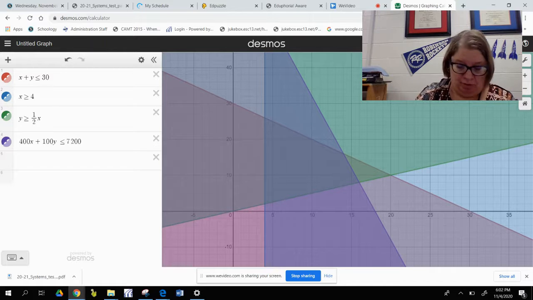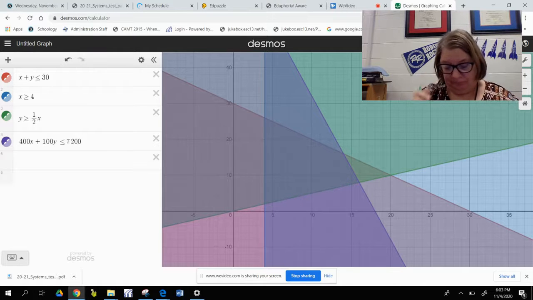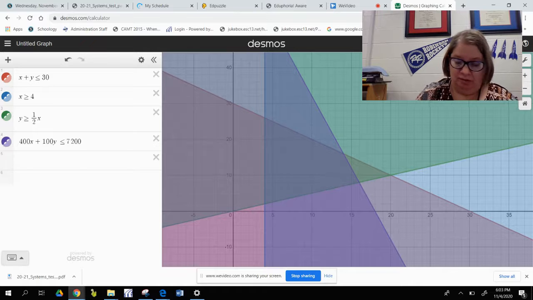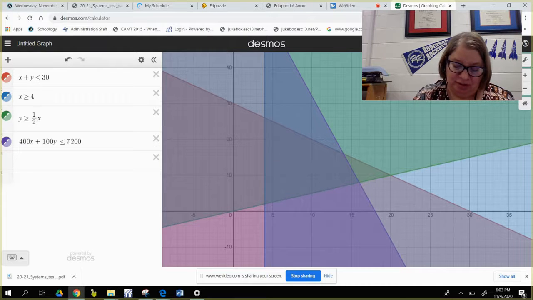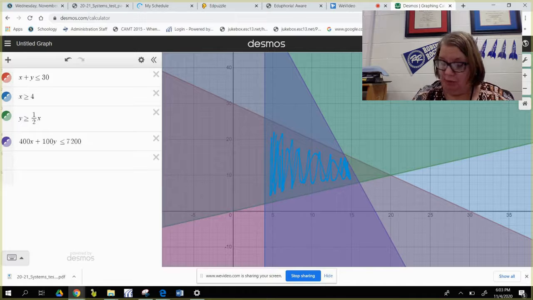I don't want it to move around. Okay. So do you notice that the part that's shaded for all is this part right here? Okay, it's a little four-sided part, a little quadrilateral looking thing.